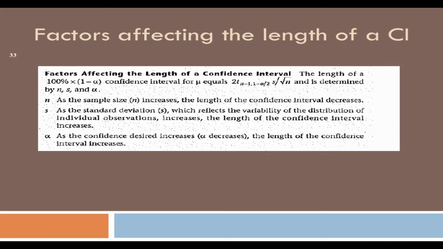That means the length of a confidence interval is decided by 3 factors. The first one is sample size. If n gets bigger, this ratio gets smaller, so the length gets smaller.